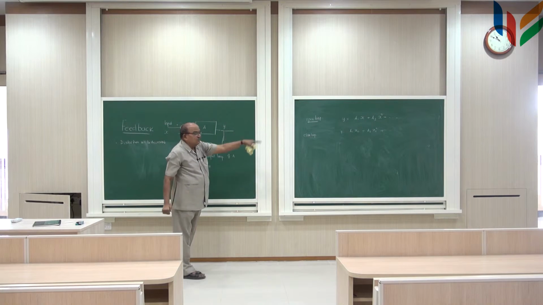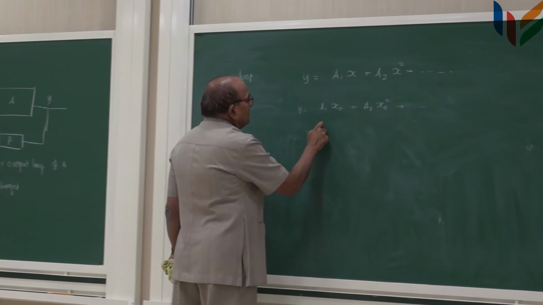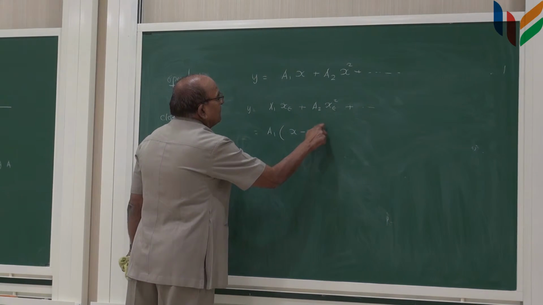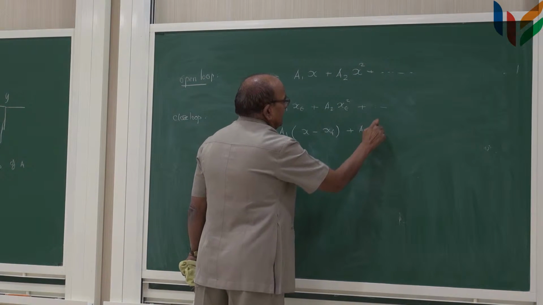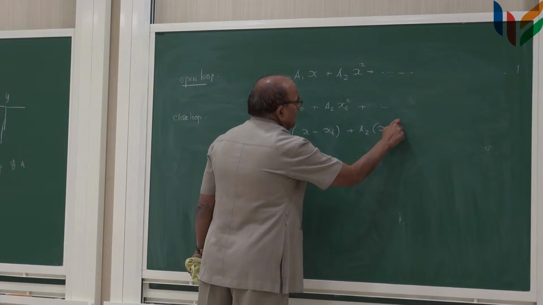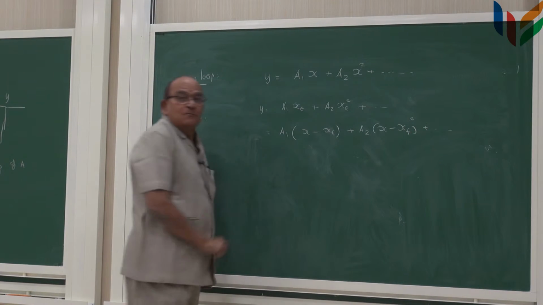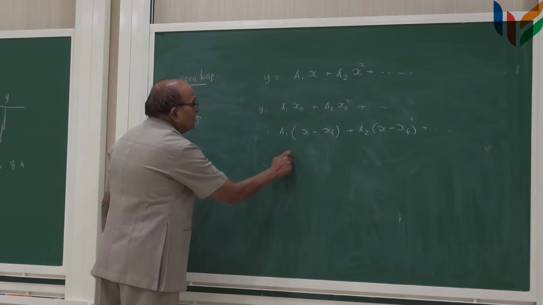So, y will be equal to that, and now XE is nothing but X minus XF, which is equal to X minus beta times y.